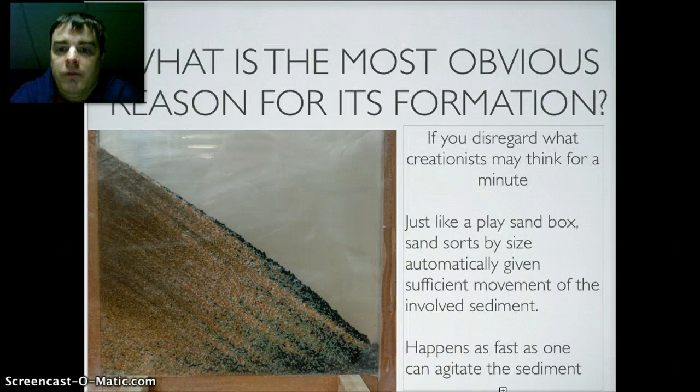What is the most obvious reason for its formation, for stratification? And we're just going to disregard what creationists think for the minute. I don't know if you've ever seen the boxes, and they have glass on each side, like the image here, and they're full of different sized particles of sand, different granular bits of sand or whatever, and they're different colored too.